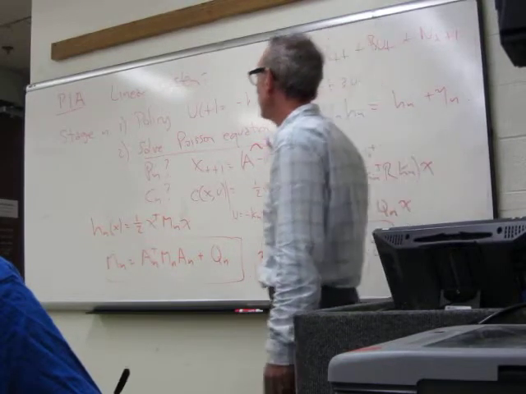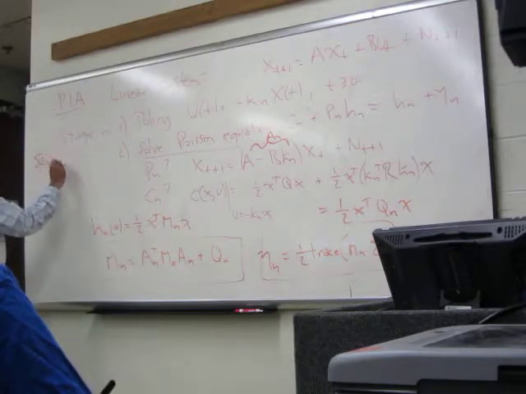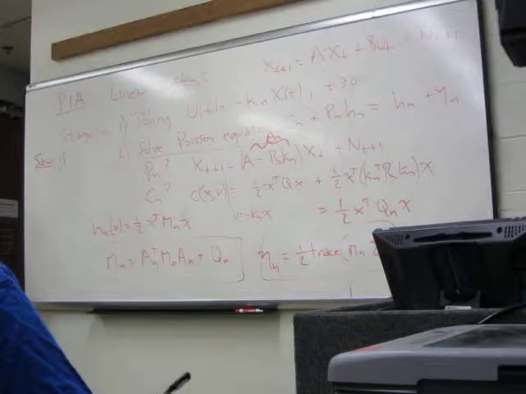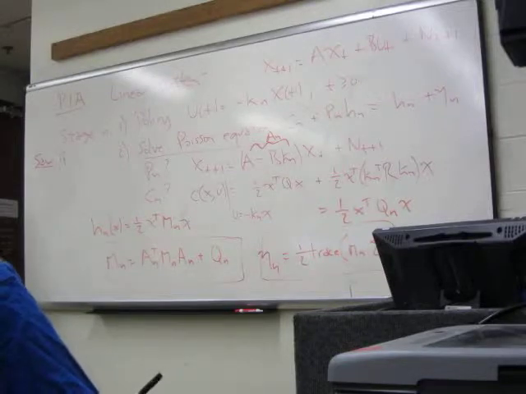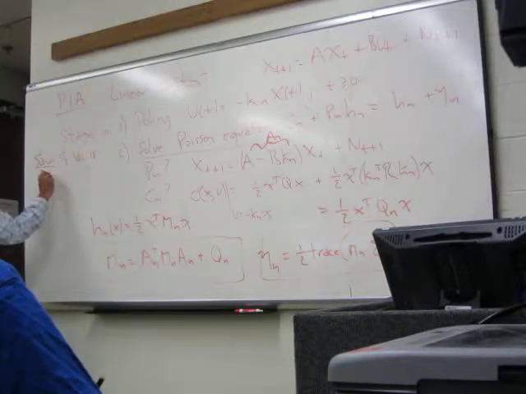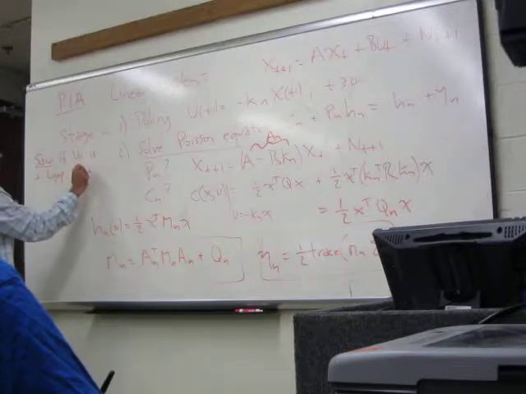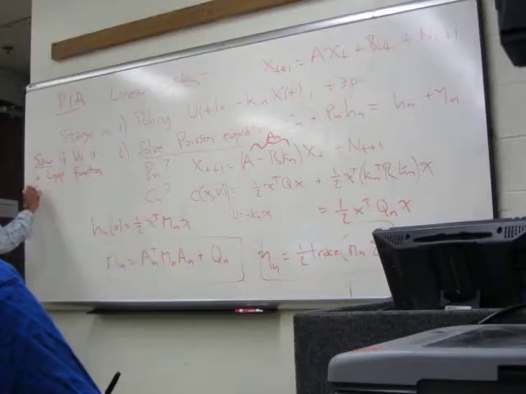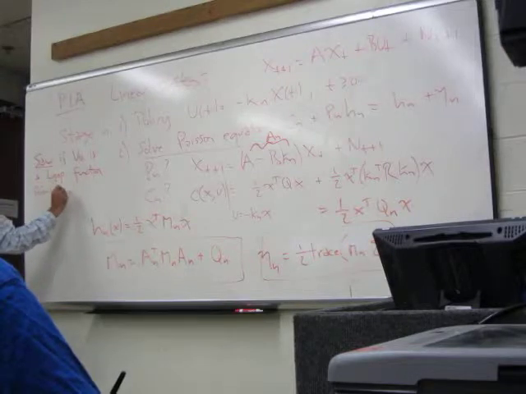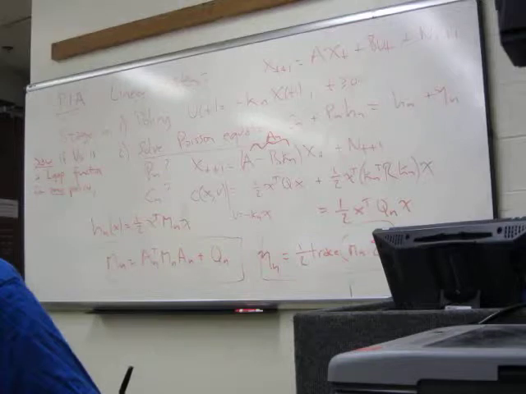And what do we know? We saw if V0 is a Lyapunov function for some policy, then we know that these etas are decreasing.